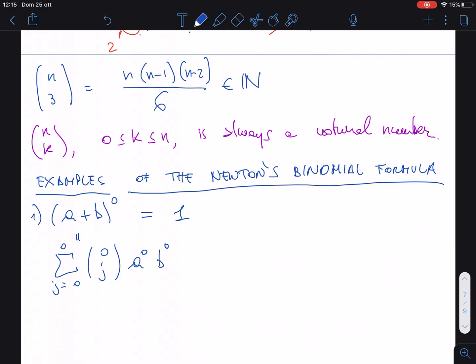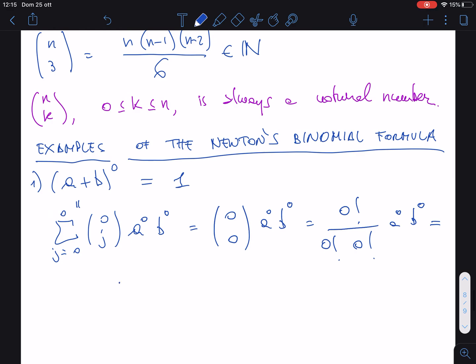So this is (0 choose 0), a to the 0, b to the 0, which is 0 factorial divided by 0 factorial times 0 factorial, a to the 0, b to the 0. Every symbol, every number we wrote is equal to 1, so this is 1.